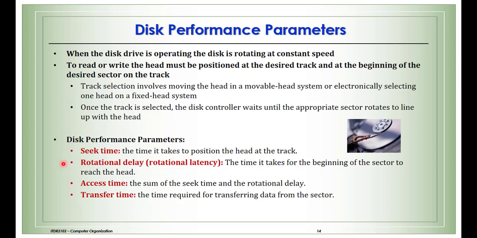The time it takes to rotate the disk to access the sector is called rotational delay. The third parameter is access time, which is the seek time plus the rotational delay together. The fourth parameter is the transfer time, the time required for transferring data from the sector.